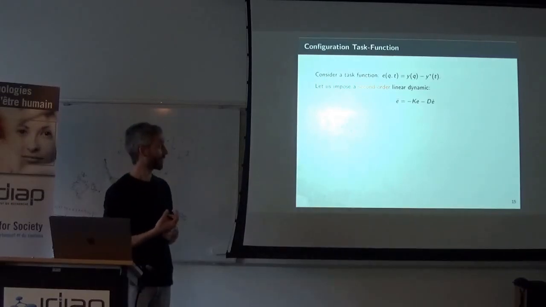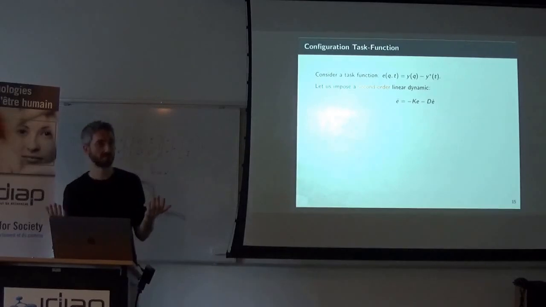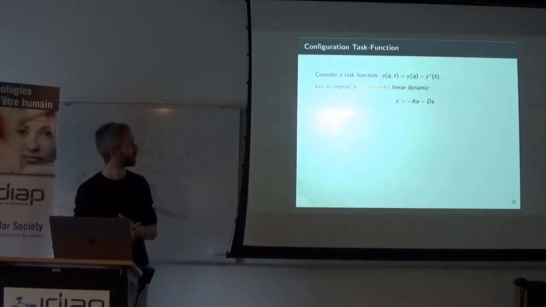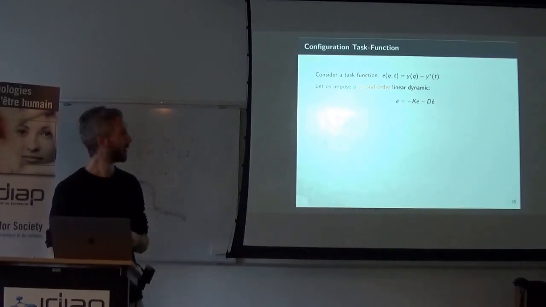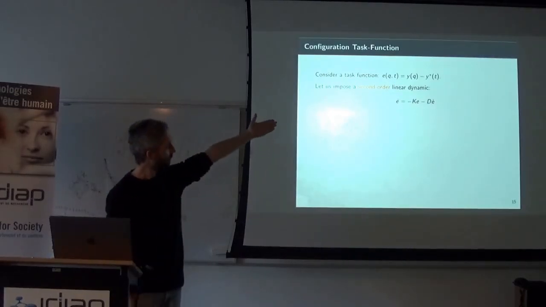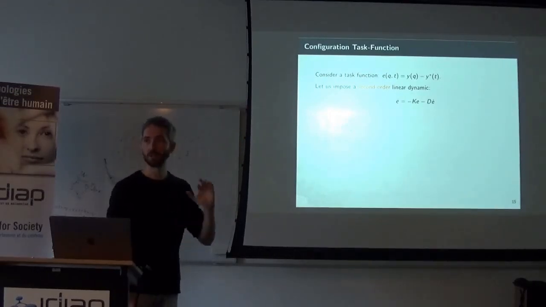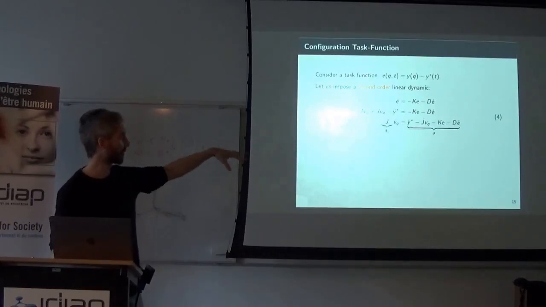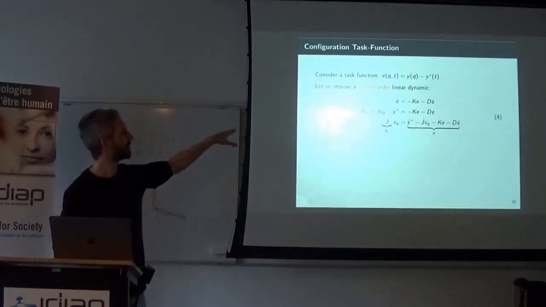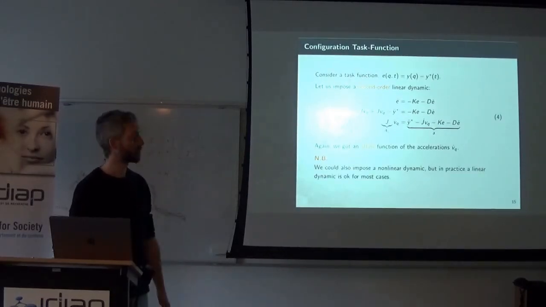So second order linear dynamics, again, we could go for nonlinear dynamics, but nobody does that. We are all happy with our linear dynamics. And again, we can express e double dot as an affine function of the robot acceleration. So here we have the developments, we don't care, it's simple. We get an affine function, and as I said, in theory we could have imposed nonlinear dynamics.